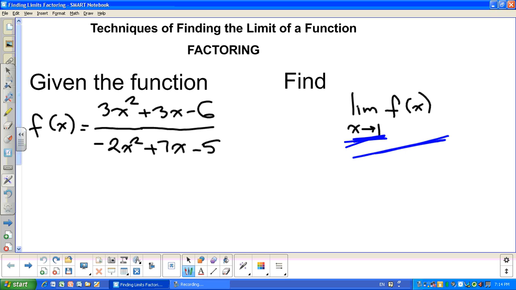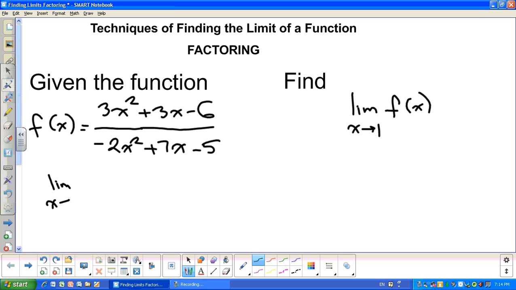What is the first thing that most of the students will start doing? They would say, oh, finding limits is easy. All I have to do is take the limit as x approaches 1 of f of x. I need to replace the value of x equals 1 into the equation of the function.